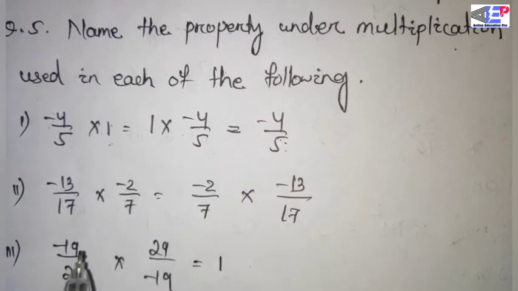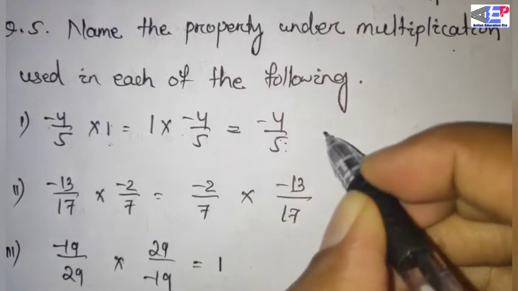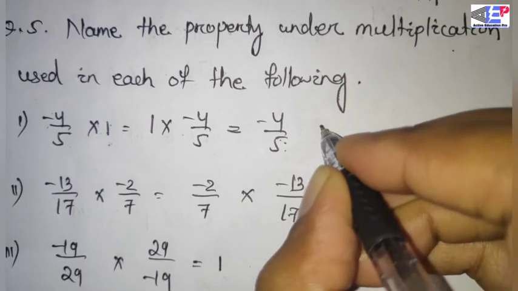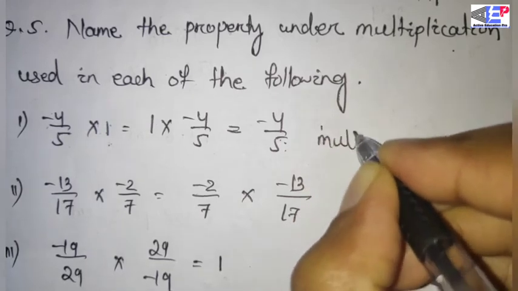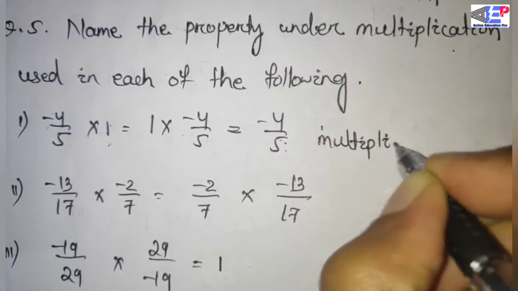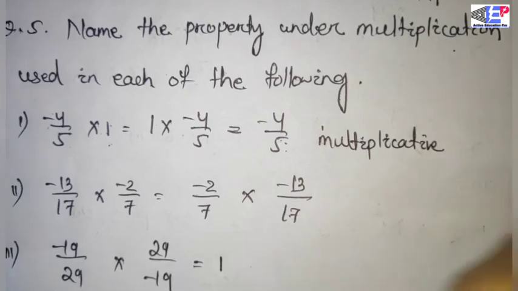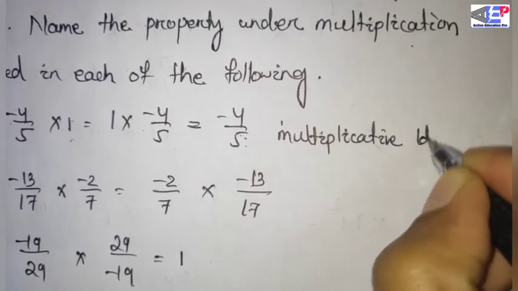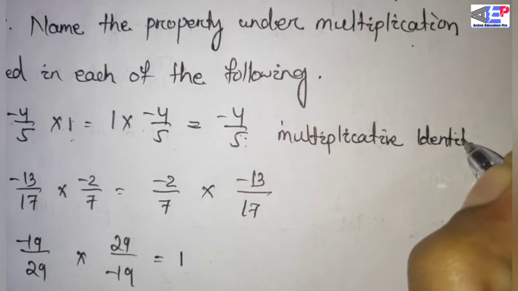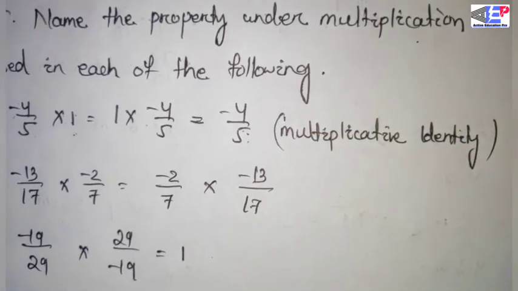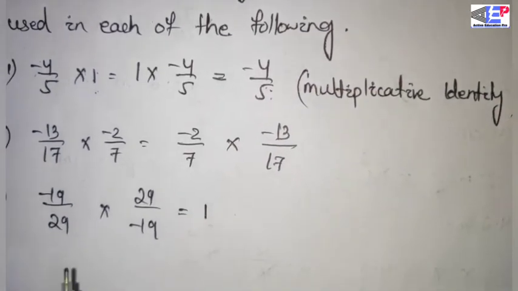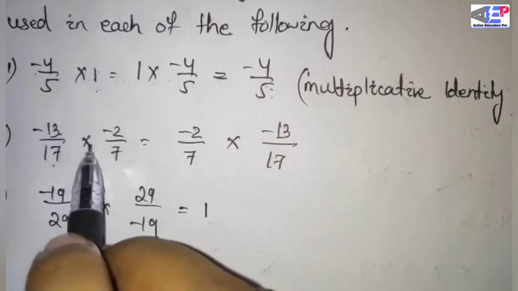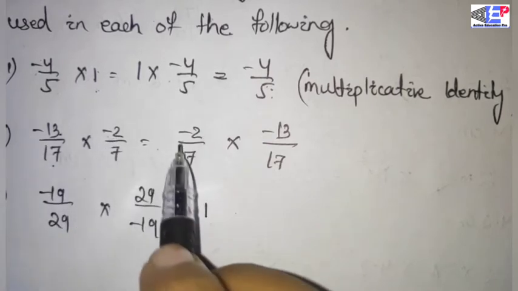Minus 4 by 5 is equal to minus 4 by 5. So it is the property of multiplicative identity.